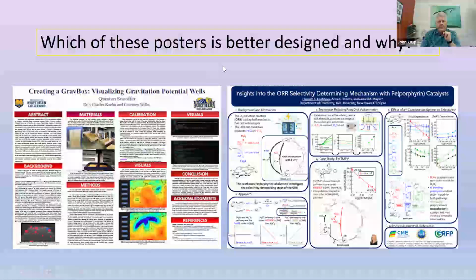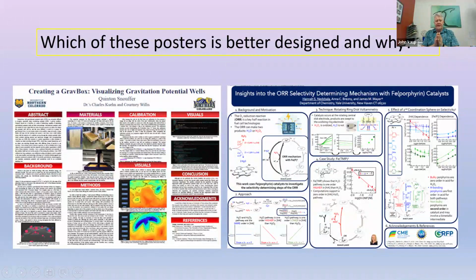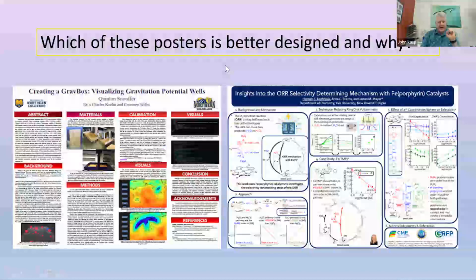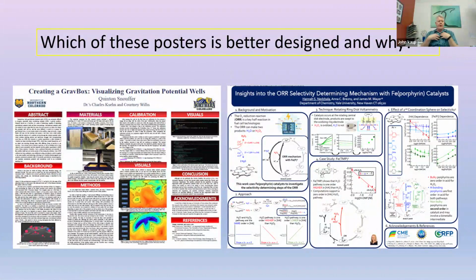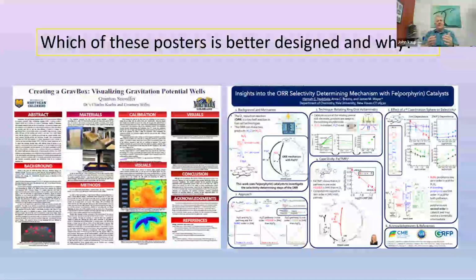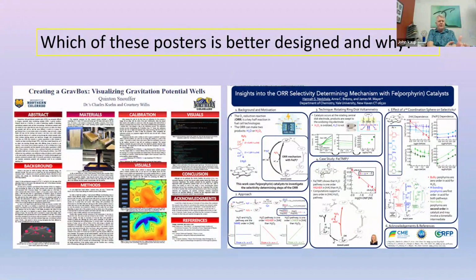So I would agree, though, one of the biggest mistakes I think that can be made is what's happening over here with just way too much text. For many of you, I know in South Carolina, our delegates have all submitted a paper, and your inclination sometimes is to take that paper and convert it into a poster.